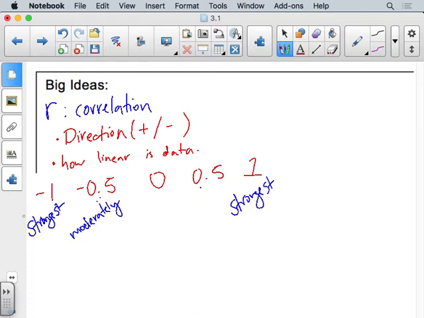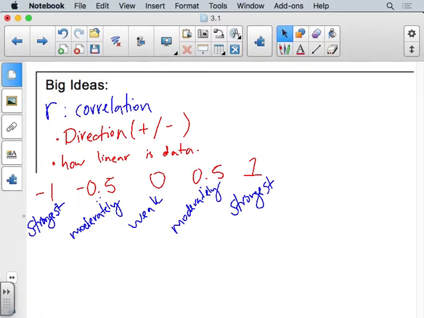Or you're not weak, maybe. So these two, you could maybe say moderately, and a 0 would be you have a very weak correlation. So your data is very weak on some sort of linear association.